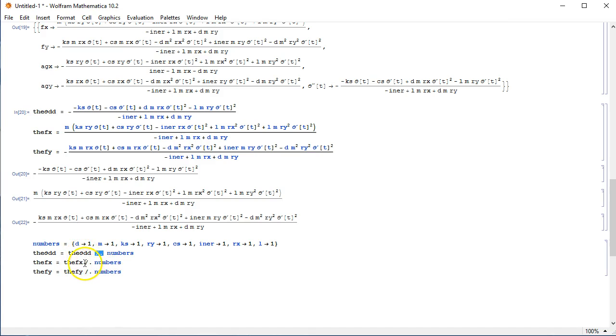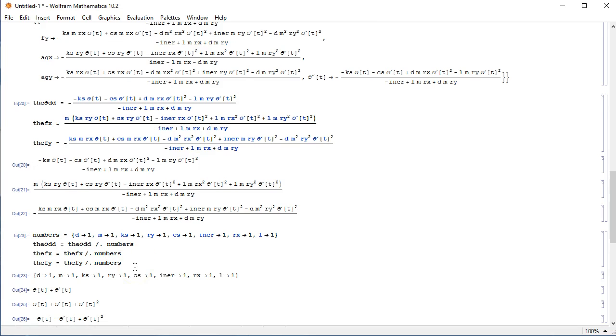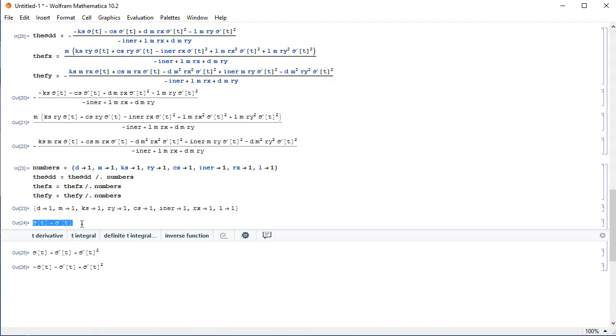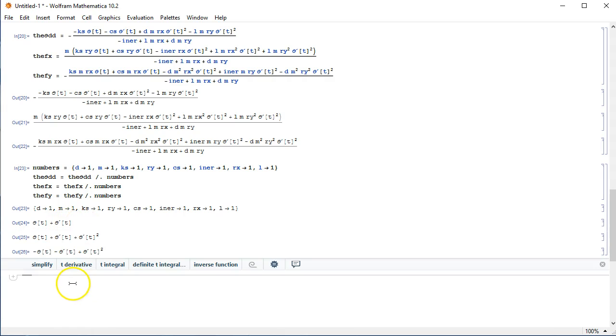And again, I take these numbers and substitute them into the force in the x, right? So that's what that means. If you hit enter, then what you'll find is here is the theta double dot. It simplifies down when everything's equal to 1, not a problem. But if the numbers are different, it comes up different. But it's still a formula.